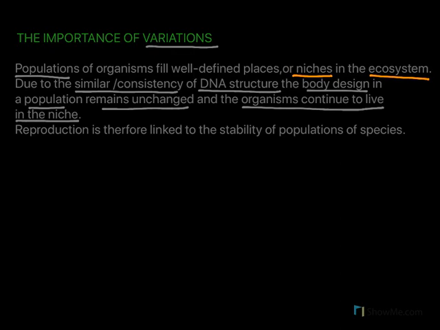This consistency of body design helps the animal to occupy that particular niche for a very long time. So reproduction is therefore linked to stability of population of a species. In DNA copying, the DNA remains almost the same, not identical. Hence the body design in a population remains the same and the population can live in a particular niche.